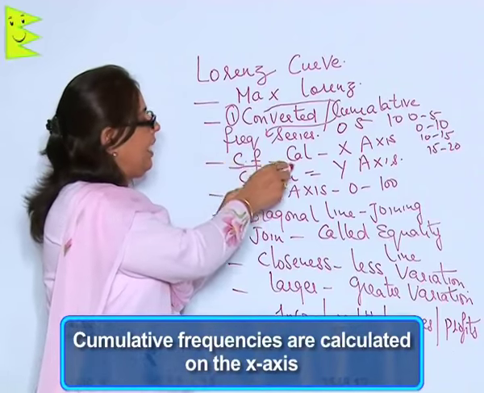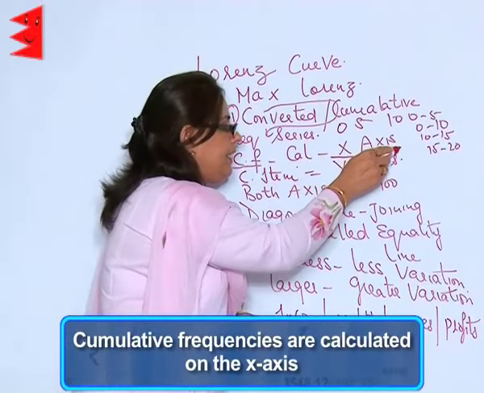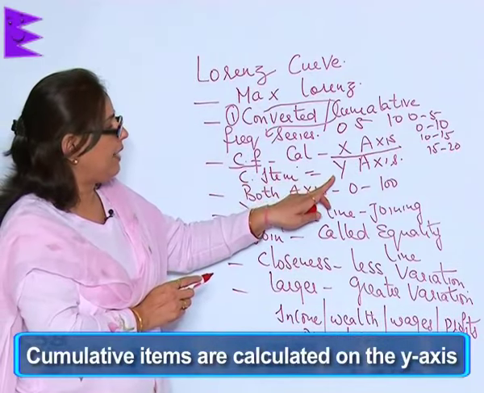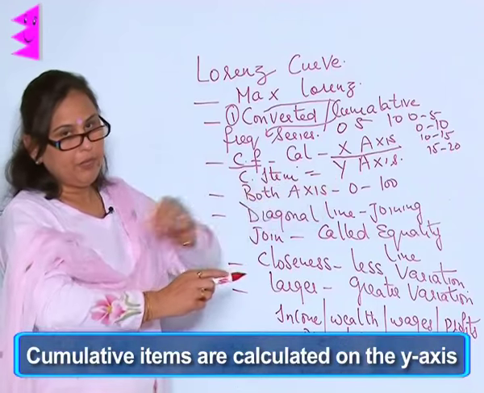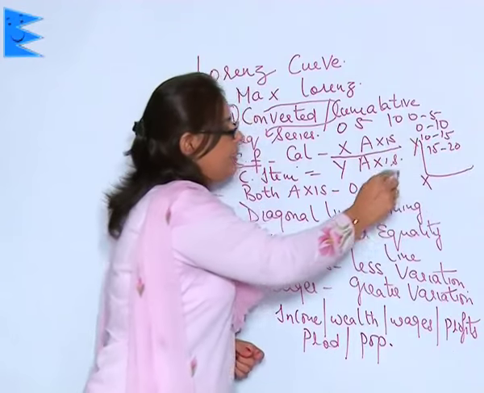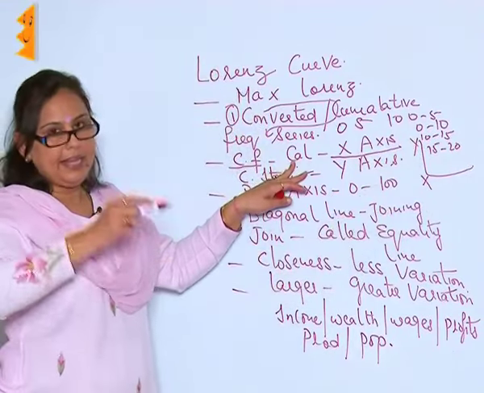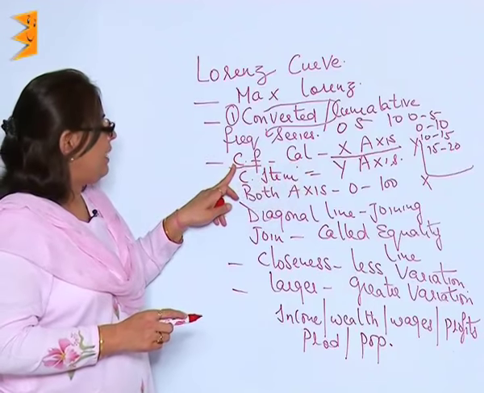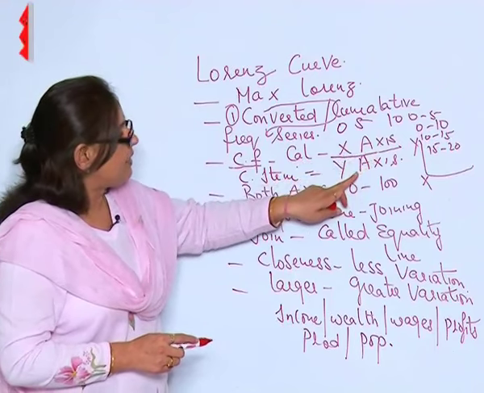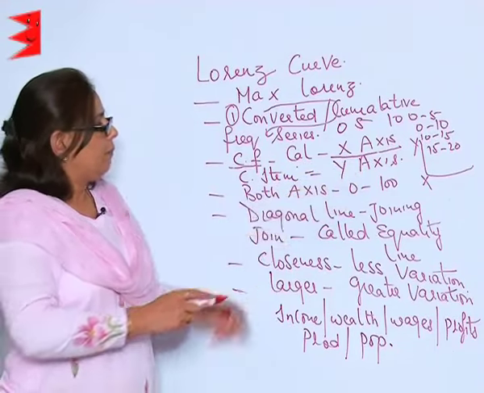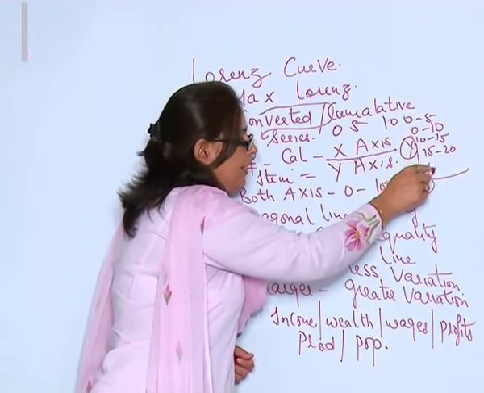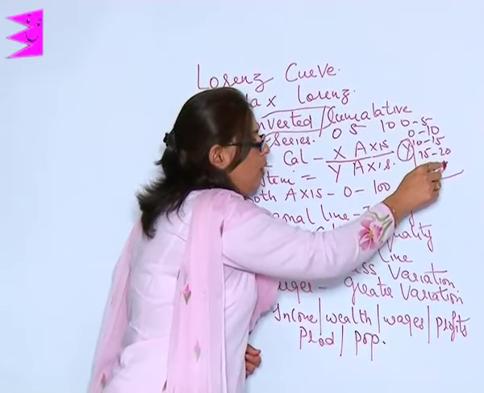After this, we draw this on the graph, that is, the cumulative frequencies are shown on the x-axis and the cumulative items are shown on the y-axis. Both these axes, whether x or y, shall be calculated from the range of 0 to 100.